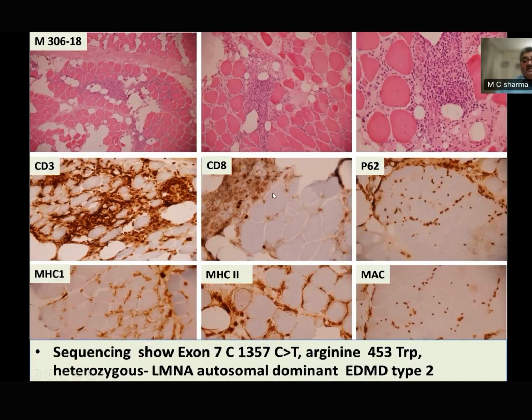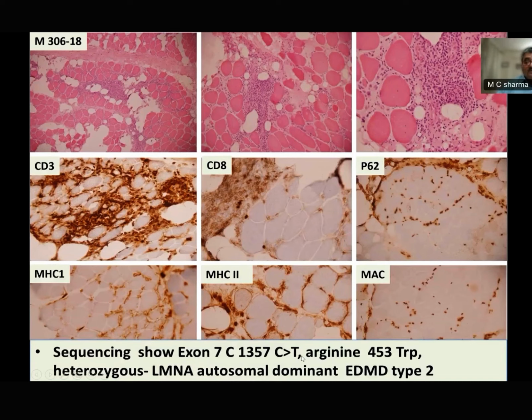We called it juvenile dermatomyositis, but there was no perifascicular atrophy. The MHC class 1, 2 was upregulated, very little. CD3 positive cells, CD8 positive cells, but actually later on it was found that it is showing LMNA mutations.